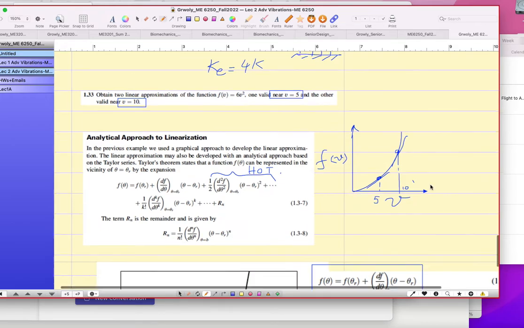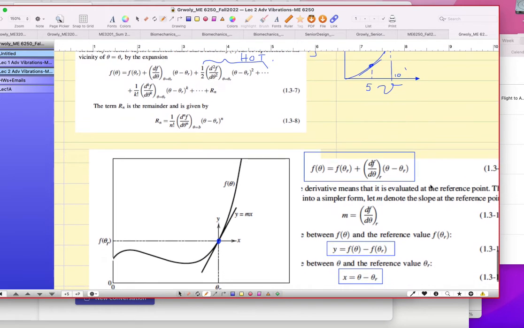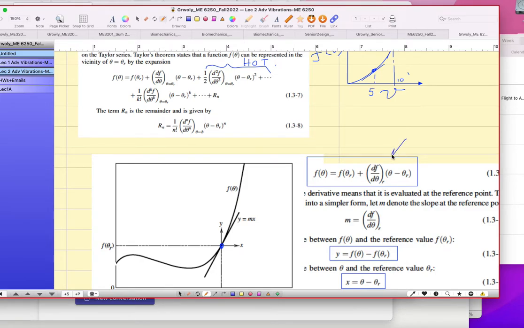So in this case, this is v. Now how would you do that? You will use this equation.